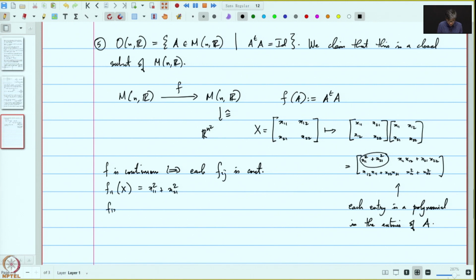Similarly, F12 of X is equal to X11, X12 plus X21, X22. And similarly, we have F21 of X, this is X12, X11 plus X22, X21, and finally we have F22 of X.